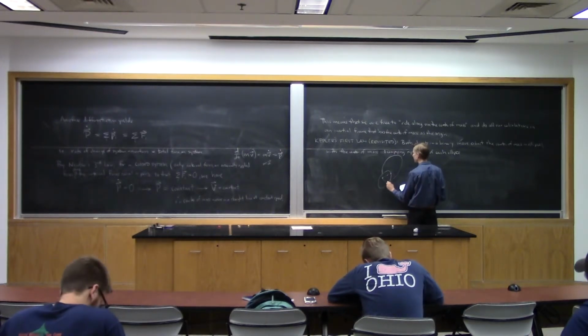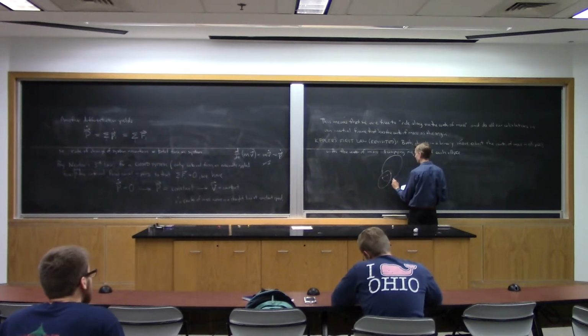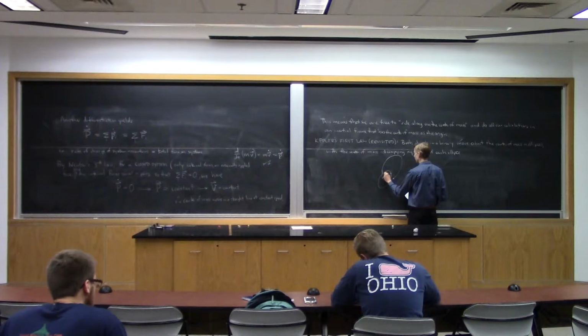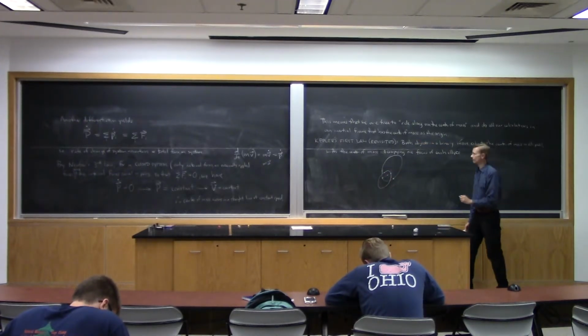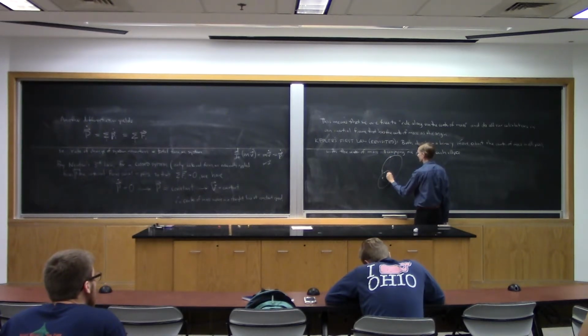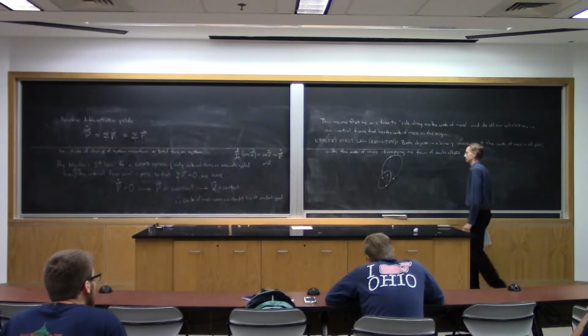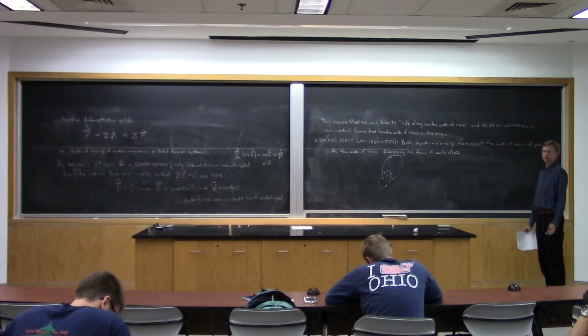In other words, at any time, if you draw a line between the two bodies, that line always passes through the center of mass, because it has to.